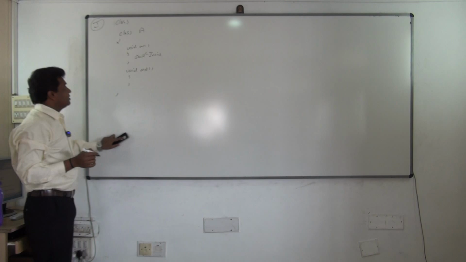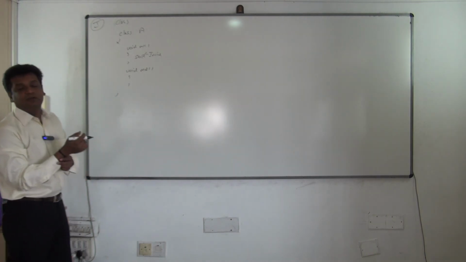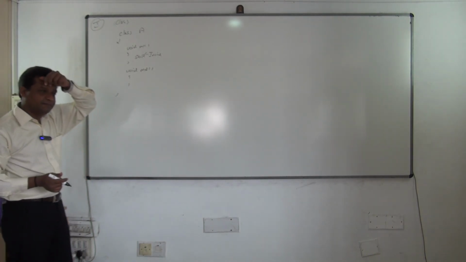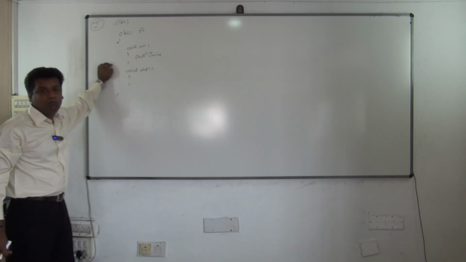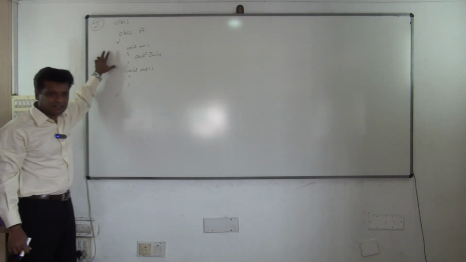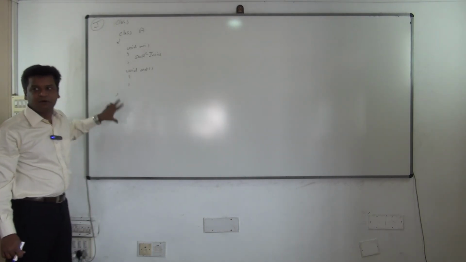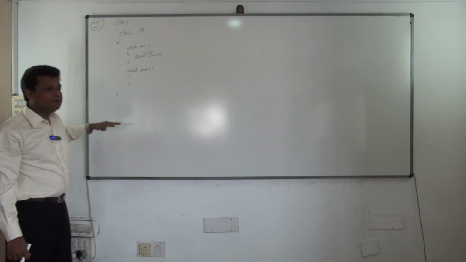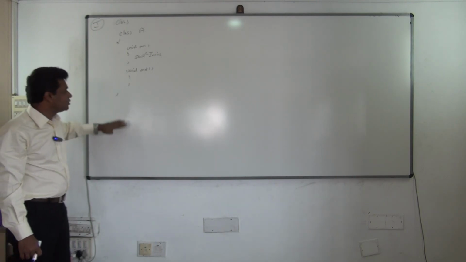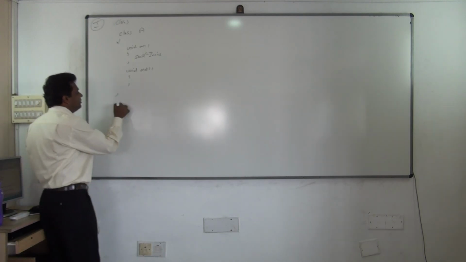Sometimes when we write a class, we do not want our class to be modified. Generally a class can be modified. But how do you modify a class? Not this class itself; you write a subclass and modify.